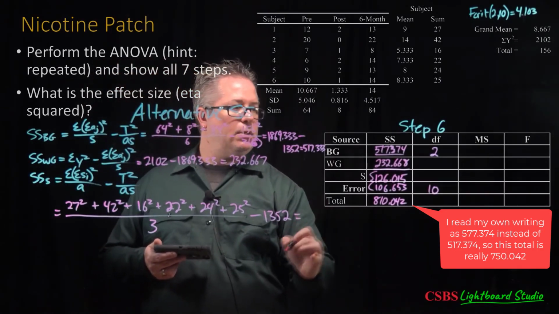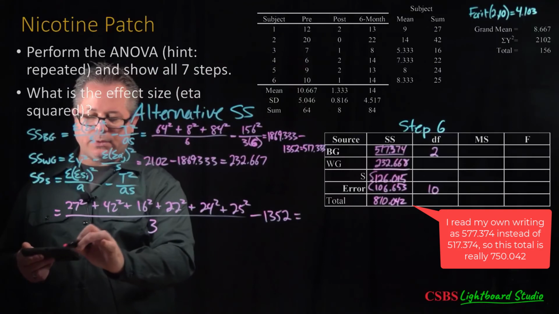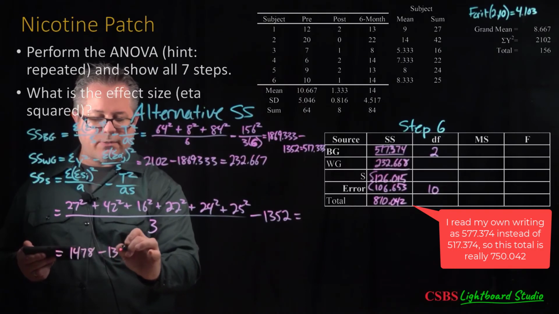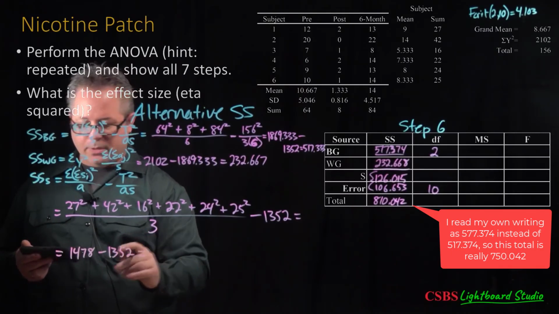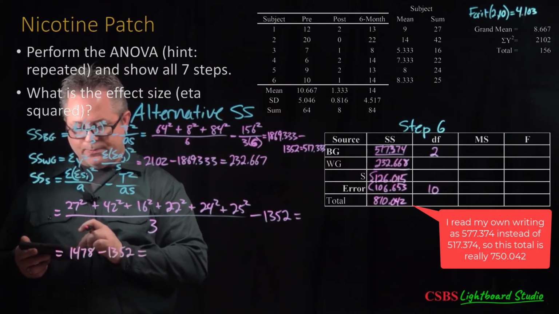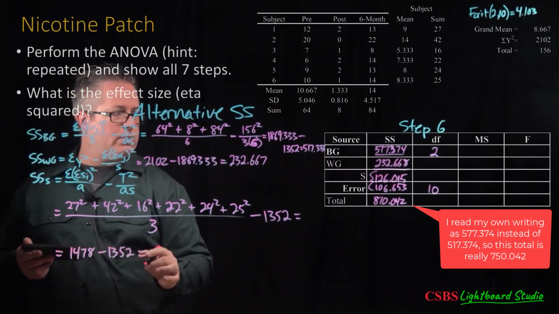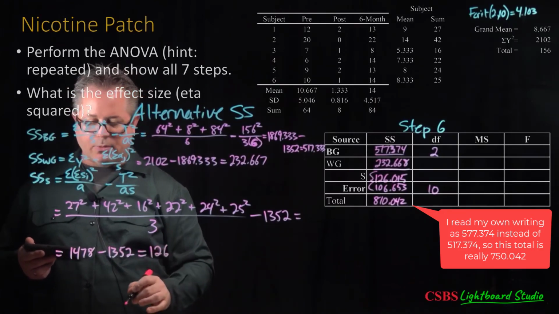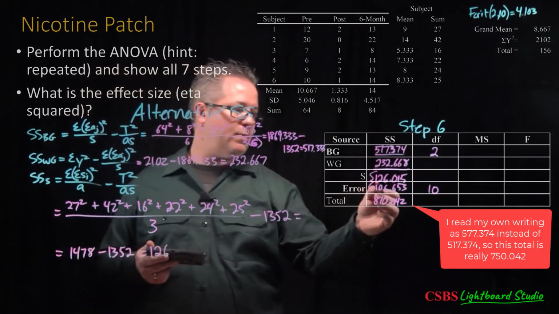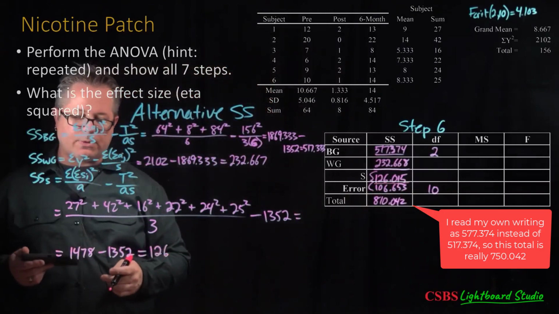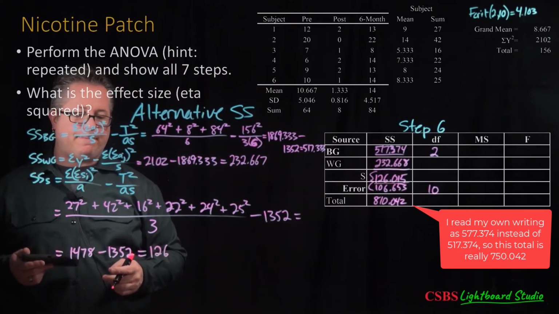So this ends up being 1478 minus 1352 equals 126. Now it gets to be 126 even. We've got 126.015, but holy crap, very close. Alright, very similar.